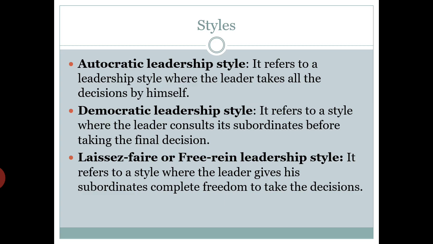The subordinates are consulted and considered. Then the third one, free rein style: whatsoever you want to do, you can do it. Whatever decisions you want to take, without consulting me, you can take. Such nature we find in free rein leadership style.